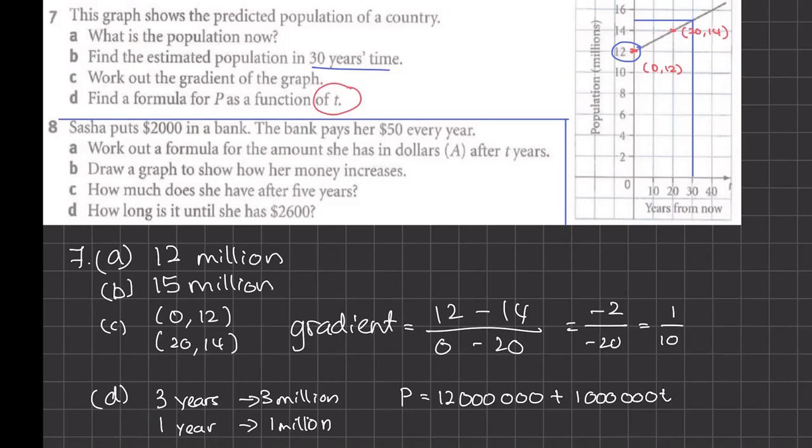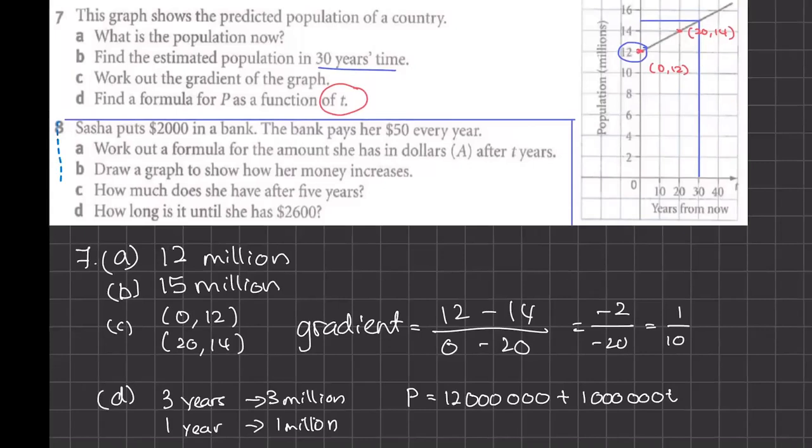And the last one: Sasha puts $2,000 in the bank, which pays her $50 every year. Work out a formula for the amount she has in dollars after T years. So I probably need to crop this out so I can't see it on the other side. Let's take this out.